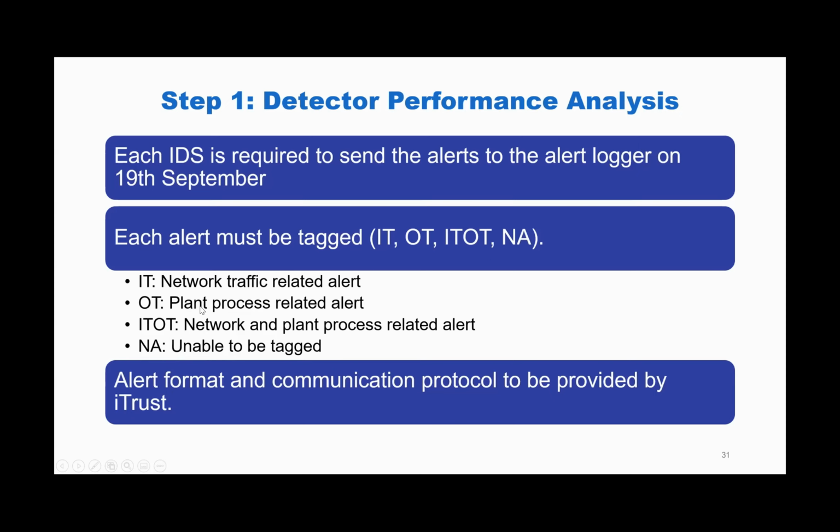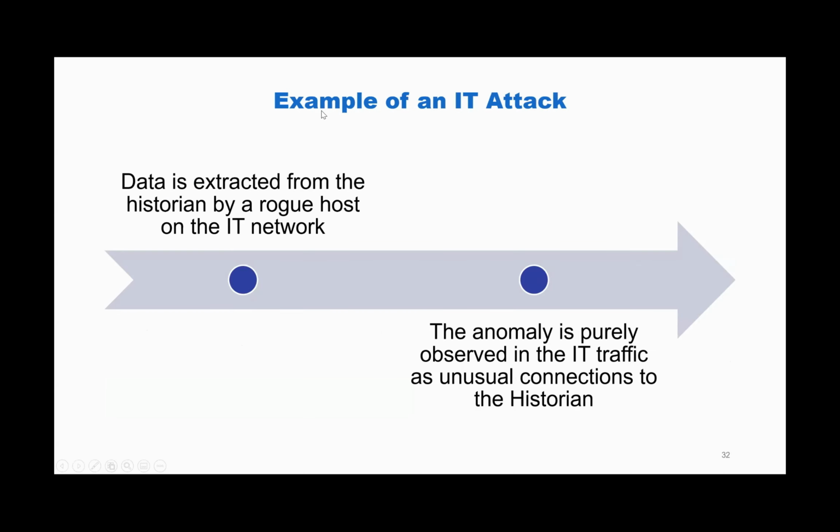So these are the 4 categories in which alerts should be sent, and the exact alert format as well as the communication protocol will be provided by us in the next few weeks. These few slides will provide examples of each of those 4 categories, just so that there's common consensus on how to categorize an attack.